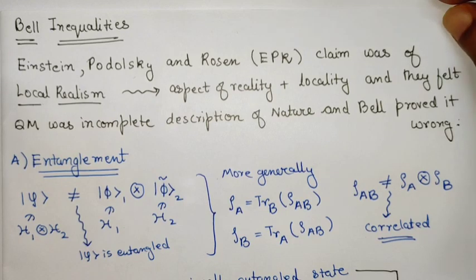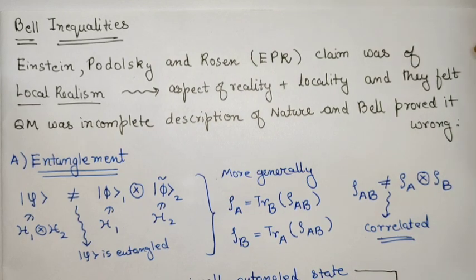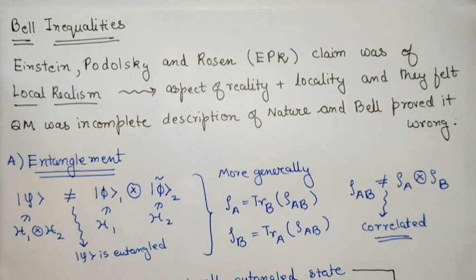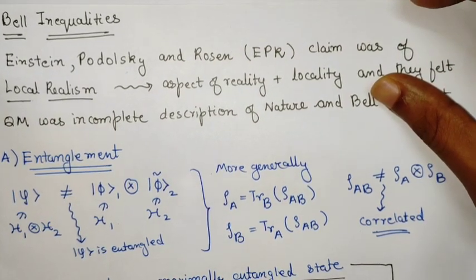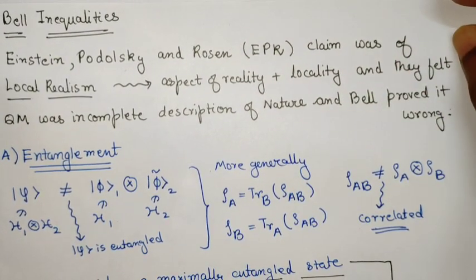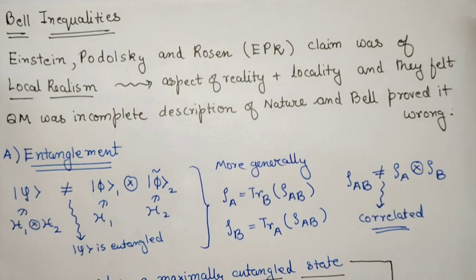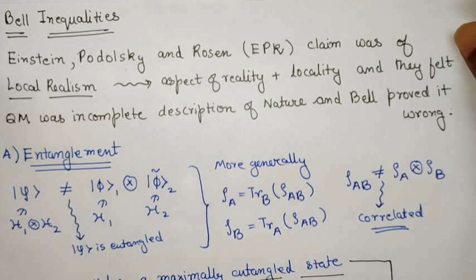And finally, it was found that indeed quantum mechanics was true, and local realism is not something that nature abides by. To understand this, throughout my video series I will be following the original work of Bell, so it will be retracing those steps.